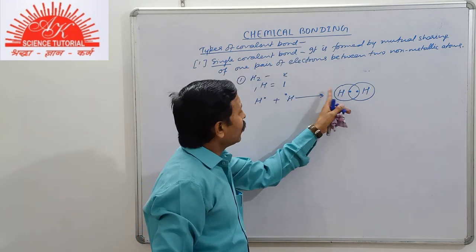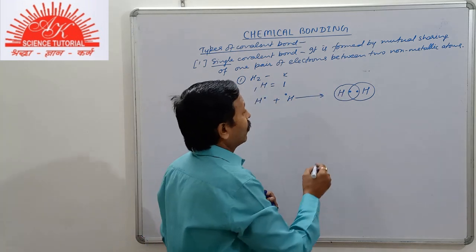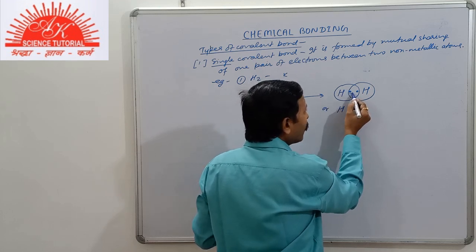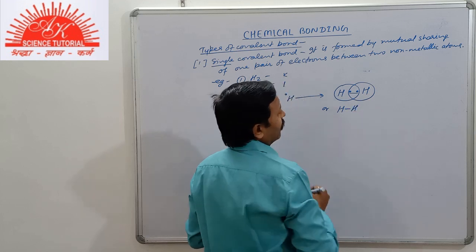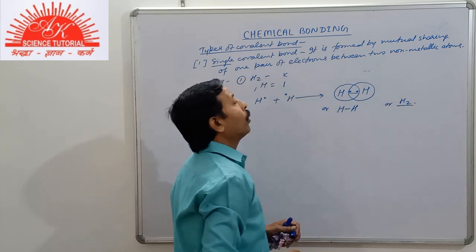Since there is a mutual sharing of one pair of electrons, it is called a single bond. If there is one pair of electrons shared, it is represented by a single line. That is H2, the hydrogen molecule.